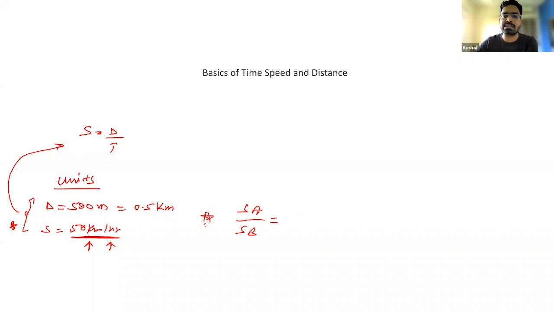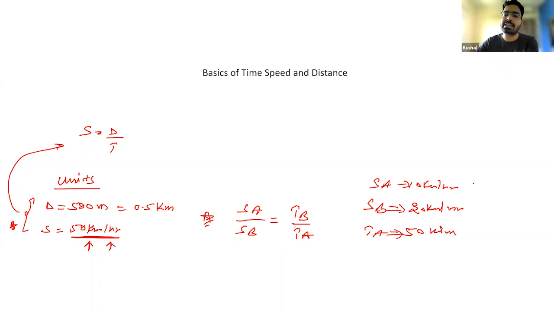Where I'm getting this from is something I'm going to talk about. As of now, just say that if this is the case, and the speed of A is given as 10 kilometers per hour, the speed of B is given as 20 kilometers per hour, and the time taken by A is given as 50 minutes.